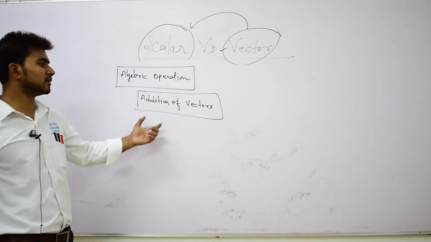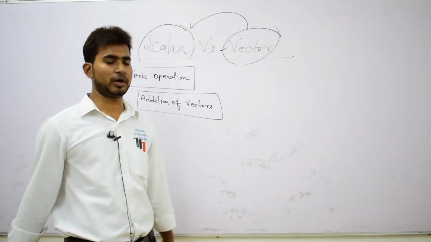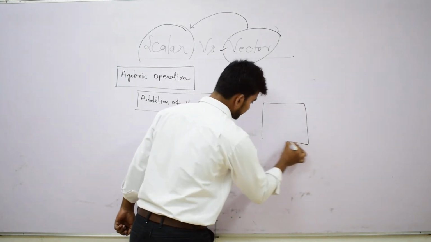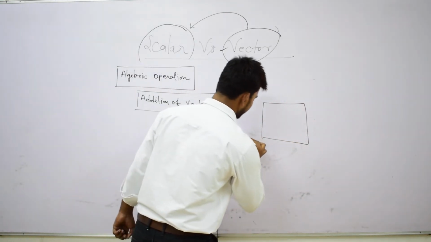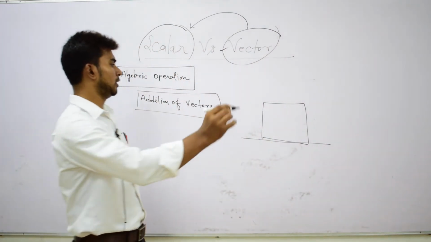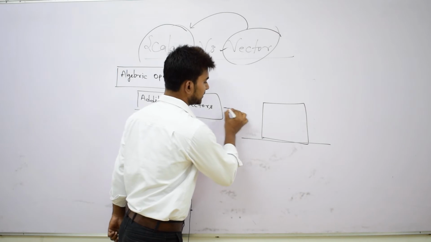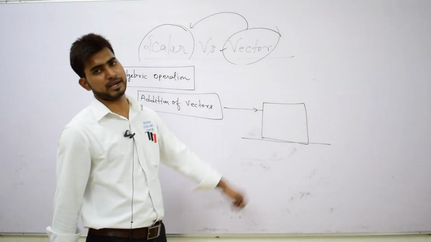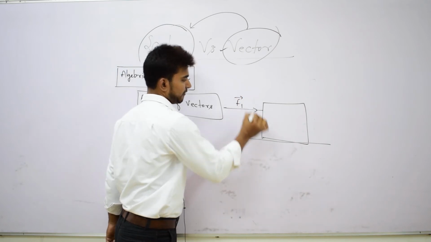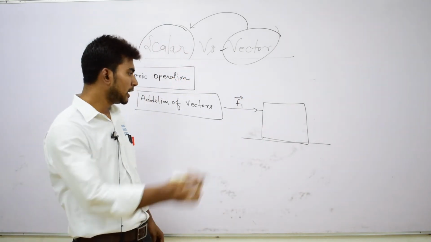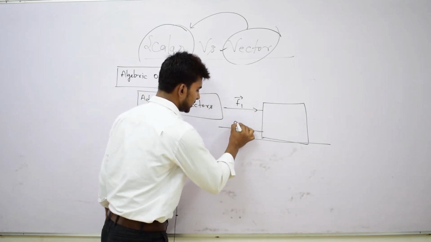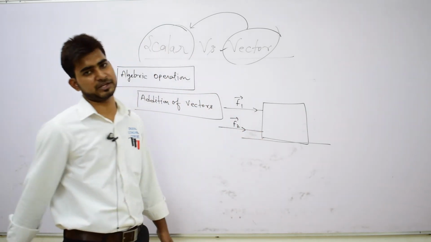I am relating this term with a practical example. Let's suppose one block is there which is placed on any table. I am applying some particular force in the right direction, and let's suppose this force is F1. Again I am applying another force F2 in the same direction.